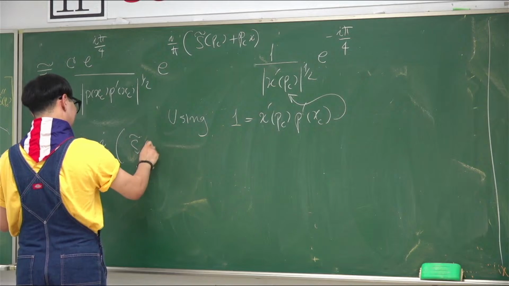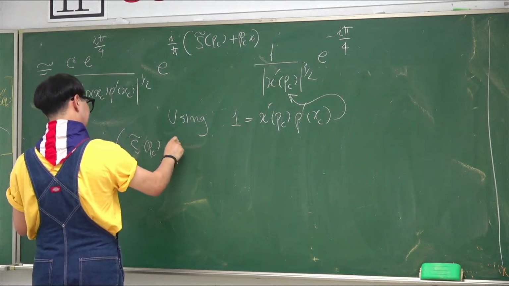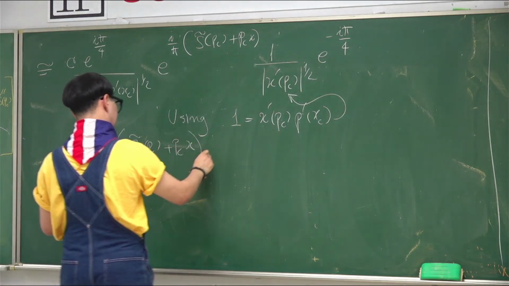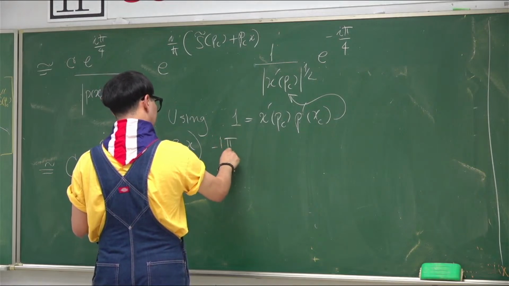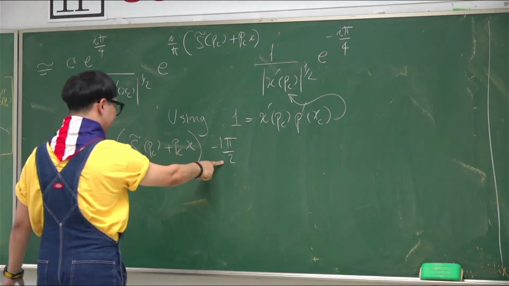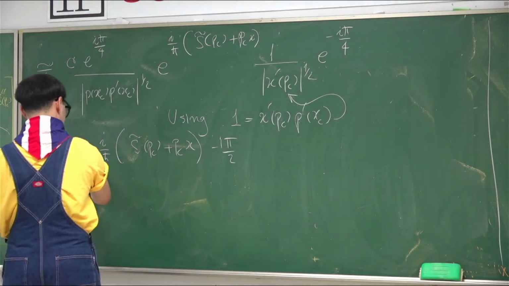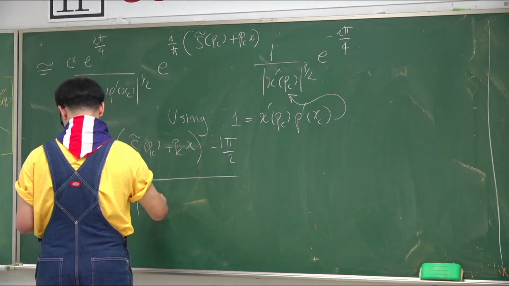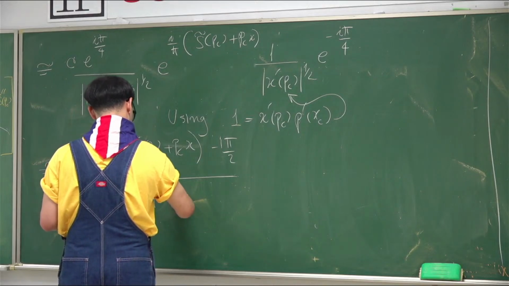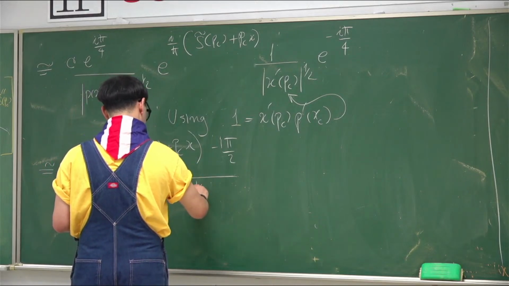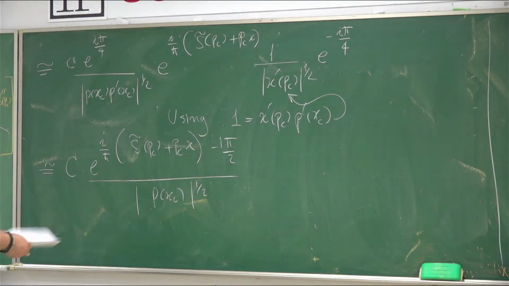Okay, so now the phase factor will be pi over 2, right? And then this is over 1 over 2, right? Yeah.